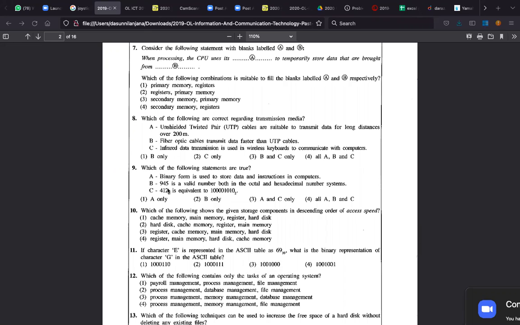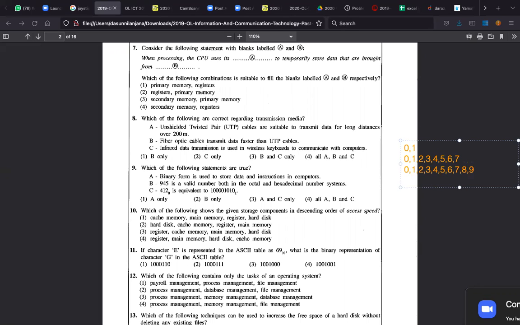945 is a valid number for both octal and hexadecimal number systems. So what are the valid digits in each number system? Let me remind you. In binary, 0 and 1 are the valid digits. In octal, 0, 1, 2, 3, 4, 5, 6, 7. In decimal, 0 to 9.